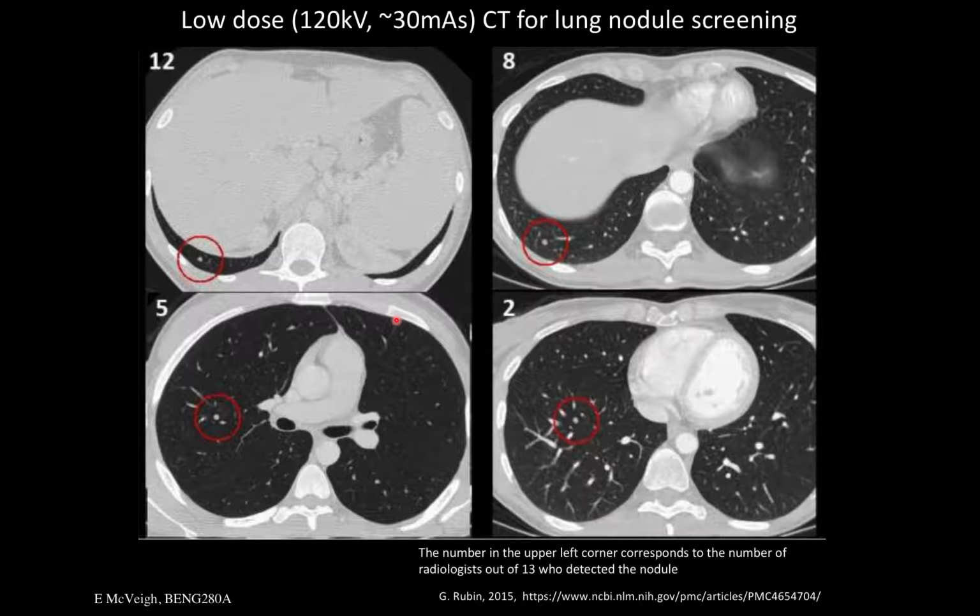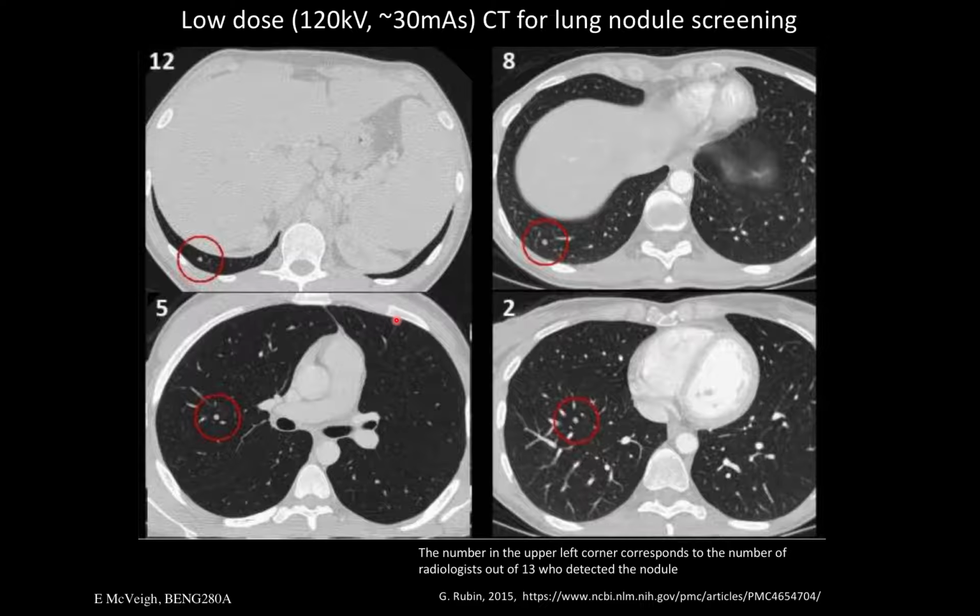So one of the primary things that CT has been used for in the past is detecting lung cancer, right? It now has been shown that low dose CT in smokers, who are beyond about 40 years old, makes a significant decrease in the number of people that die from lung cancer if you go to this low-dose CT screening.